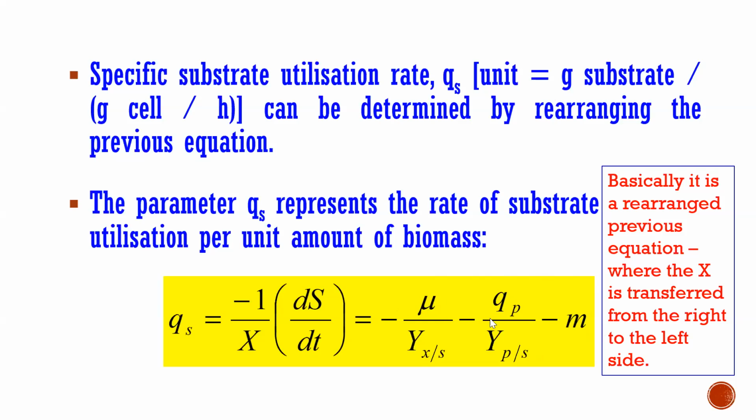Previously we had X here. So now no more X. So you have a new relationship that gives you a relationship between this QS and also this yield coefficient. The question is when to use this equation and what is the purpose of this equation. We'll see about that.